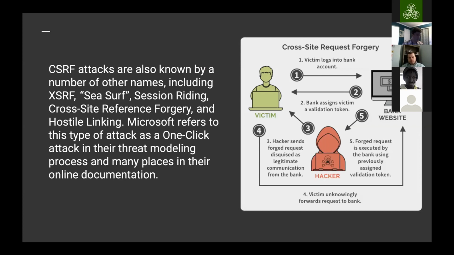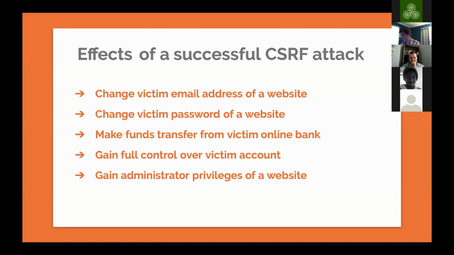Then the hacker sends a forged request disguised as legitimate communication from the bank. Then the victim unknowingly forwards that request to the bank. Through that request that the victim makes, the hacker is able to execute commands on the platform through the victim.